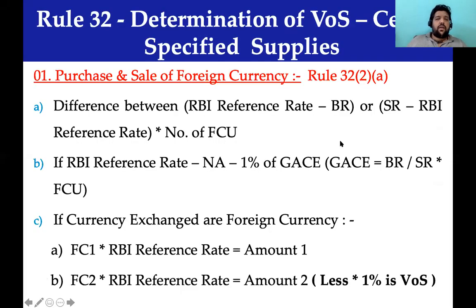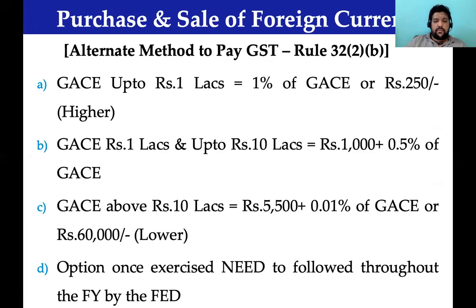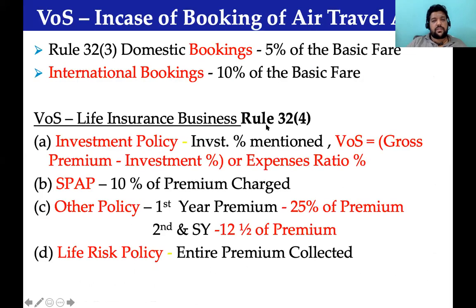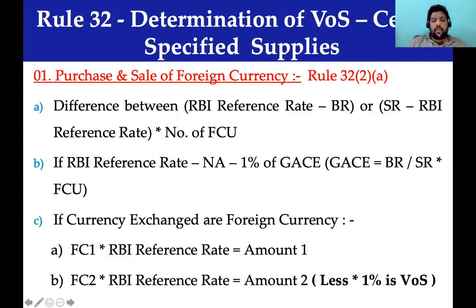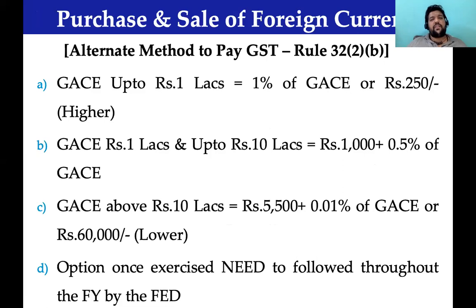Now, if you go back to the methods, one was based on the RBI reference rate. There was an alternative method proposed by the same sub rule.